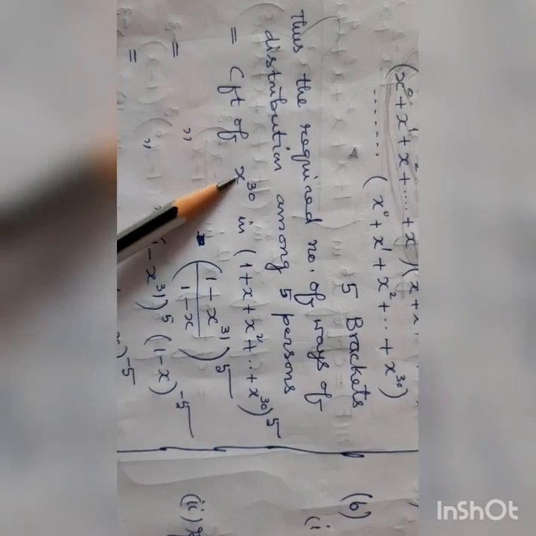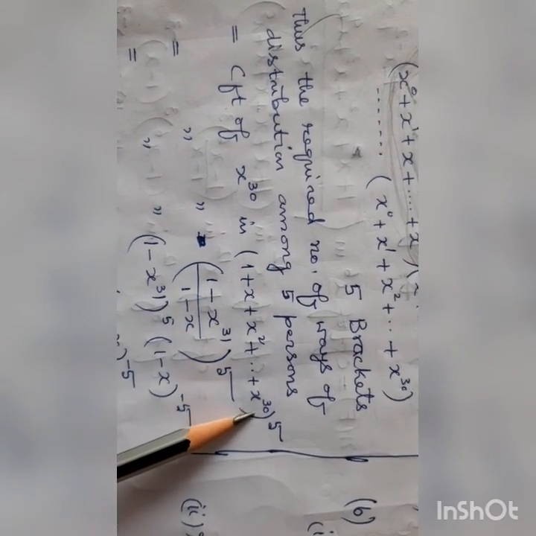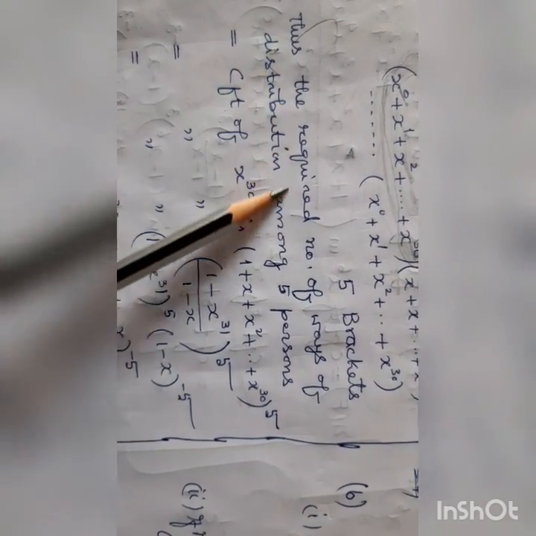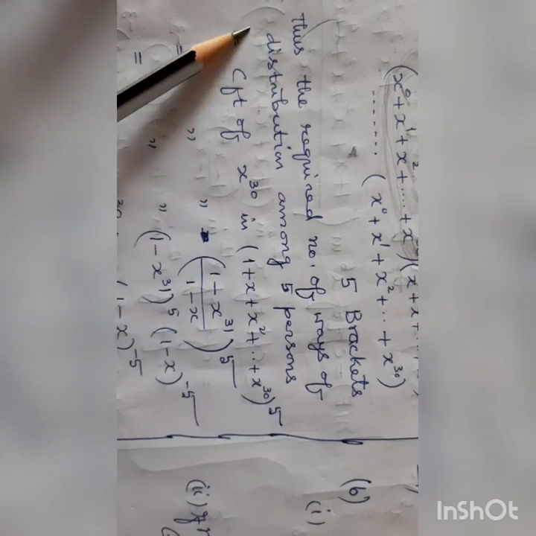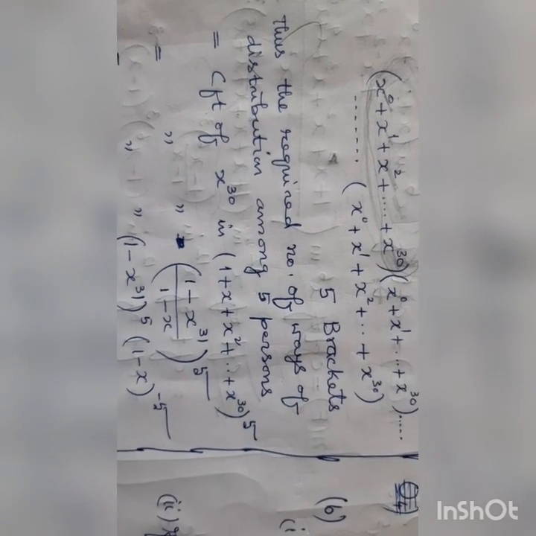Now this coefficient of x power 30 in (1 plus x square, so on, plus x power 30) whole power 5 can give us the required number of ways. Excellent, no? Mixture of concepts of binomial and multinomial expansions.